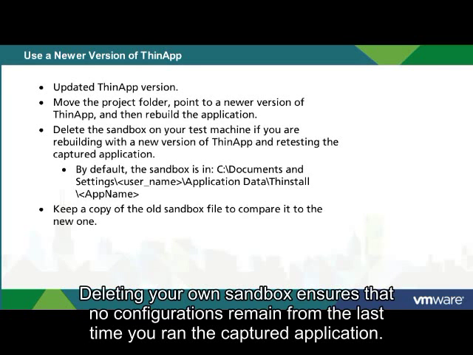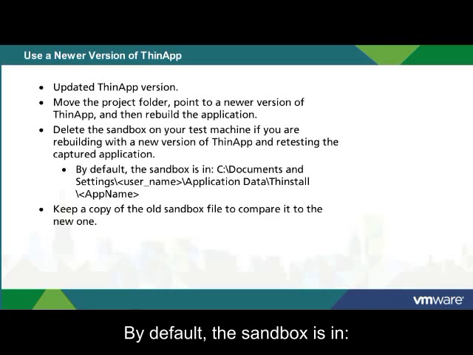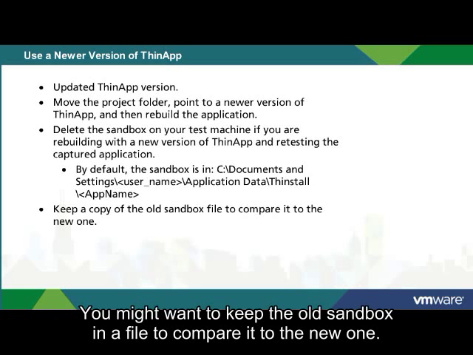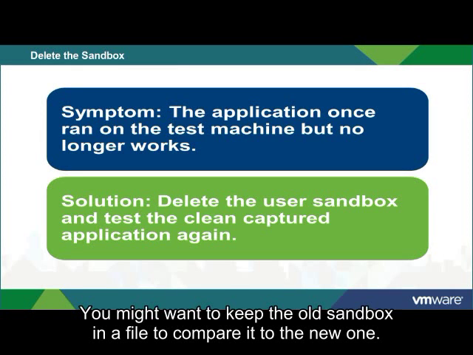Deleting your own sandbox ensures that no configurations remain from the last time you ran the captured application. By default, the sandbox is in C, Documents and Settings, Username, Application Data, Thinstall, App Name. You might want to keep the old sandbox in a file to compare it to the new one.